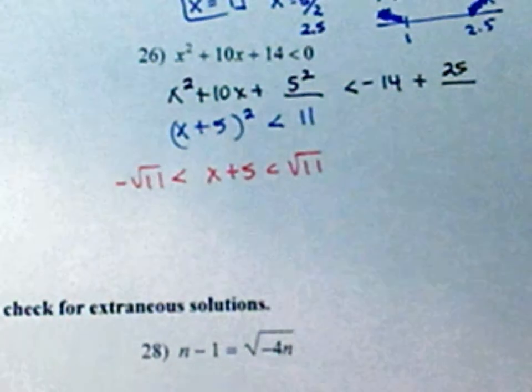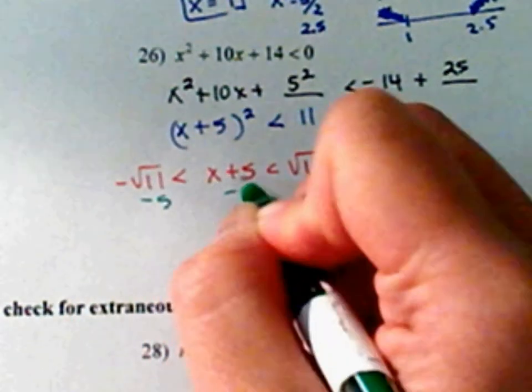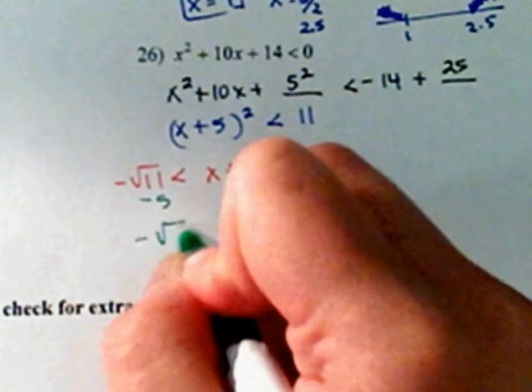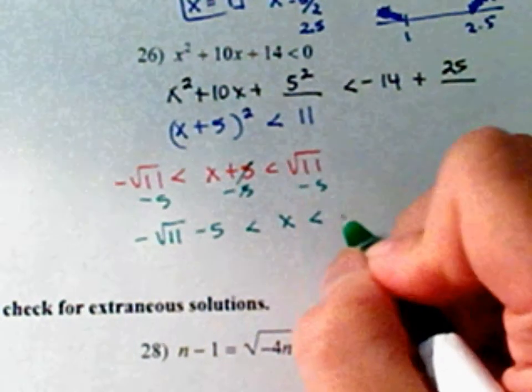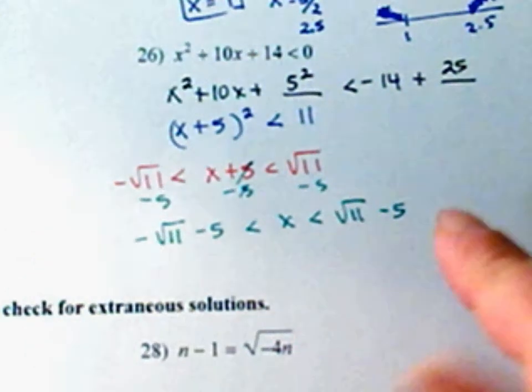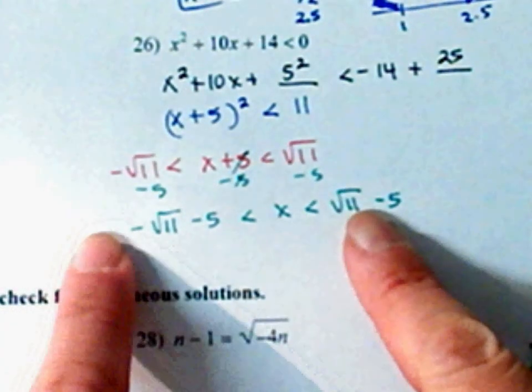Subtract 5 on both sides, all three actually. So now you have negative square root of 11 minus 5 is less than x is less than square root of 11 minus 5. Now, can x be less than the positive but greater than the negative? Absolutely. This is a true statement.